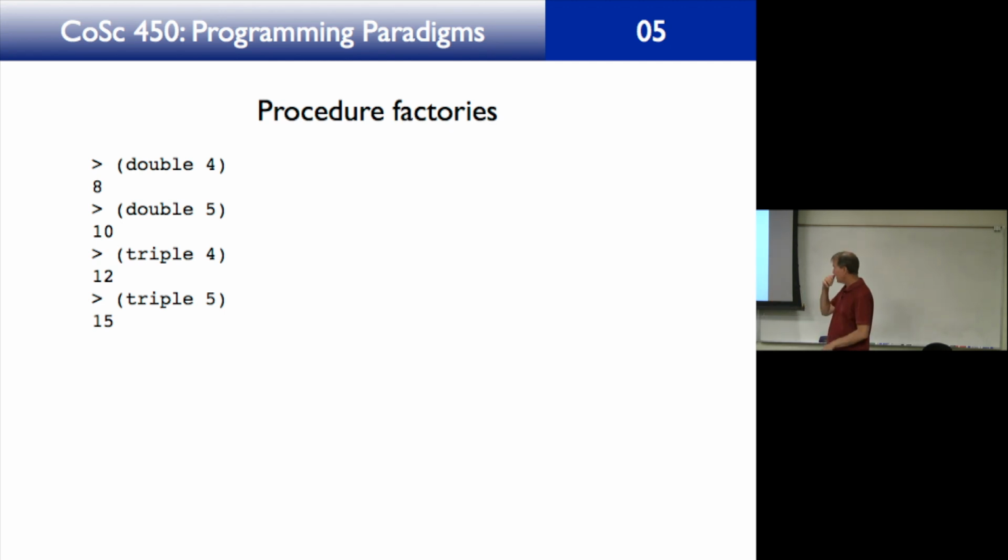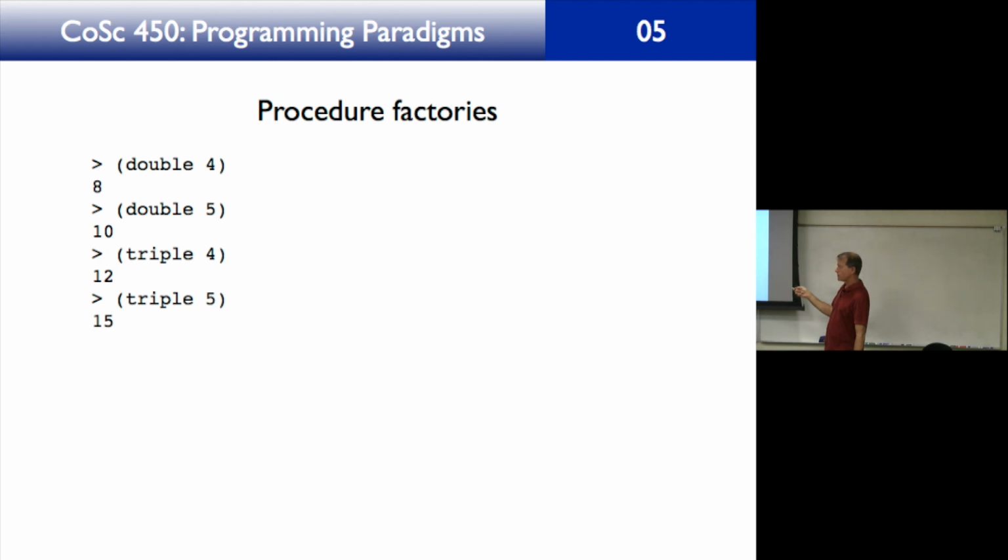Now look, here is a function called double. And obviously here, double 4, if we have this procedure called double, we want it to return 8, double 5, we want it to return 10. There's another function that we want to name triple. And we want triple 4 to return 12 and triple 5 to return 15, right? Now, if I asked you to write double just from scratch, you could do it.